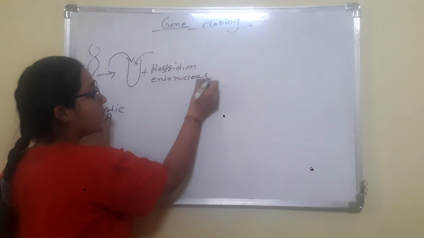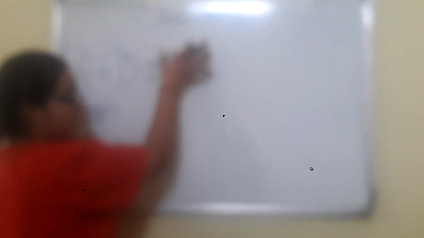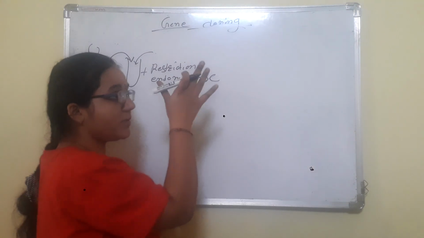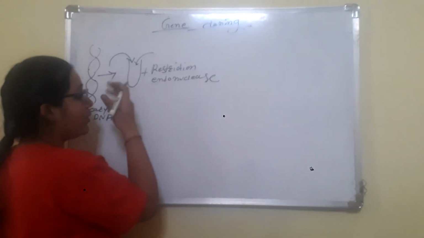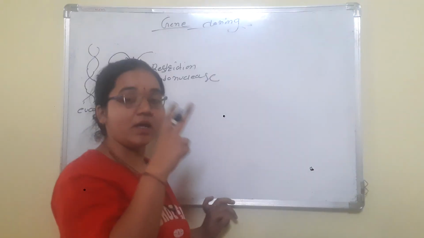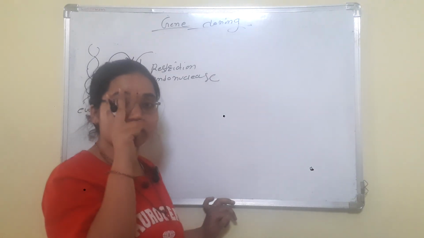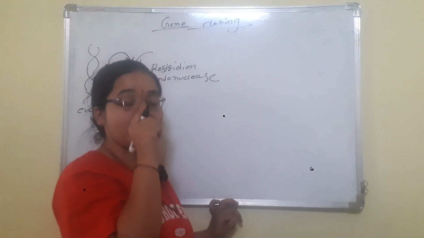We know that restriction endonuclease enzymes are responsible for making small fragments. Okay, and we want our specific targeted sequence. They cut specific base pairs, and we get specific sequences.